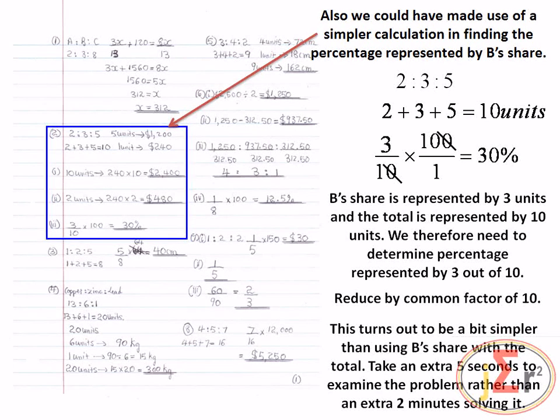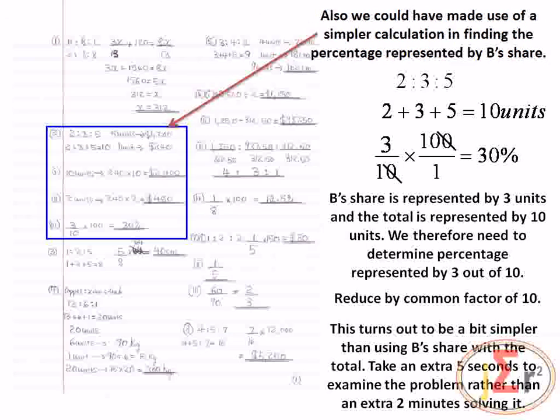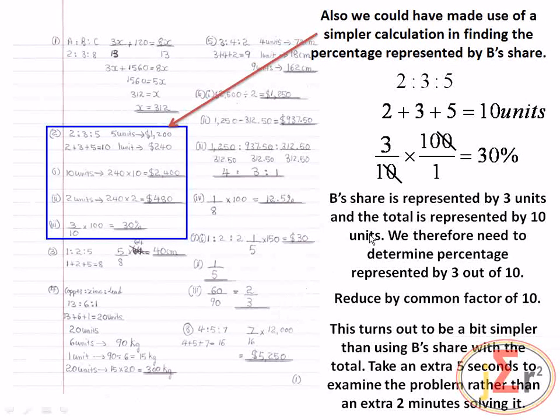So I am saying that take an extra 5 seconds to examine the problem rather than an extra 2 minutes solving it. And that we could have done if we took a second look at it to realize that the share that was given is actually half of the total, so the total must be twice that.